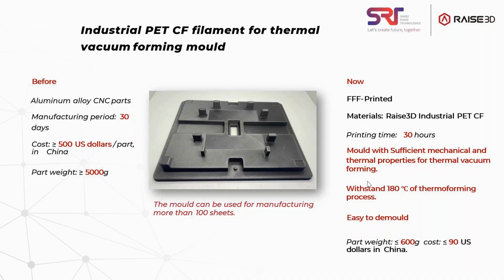With 3D printing, you would get it in 30 hours, right? The part could withstand around 180 degrees of temperature. The part weight is around 600 grams, much less than what you can get in the conventional method. And the cost to manufacture this is just 90 US dollars.